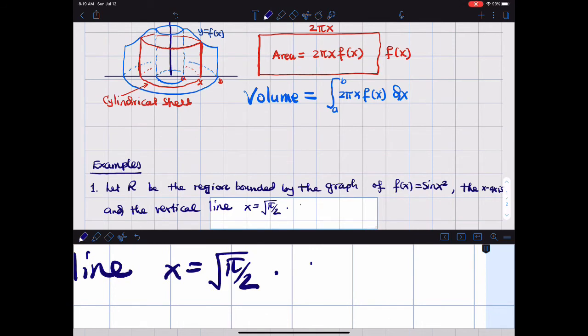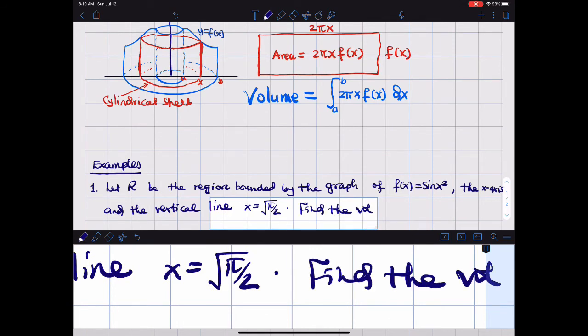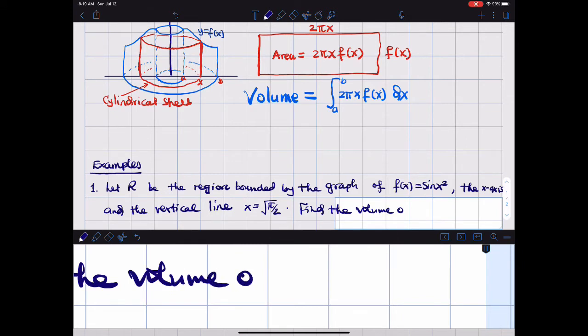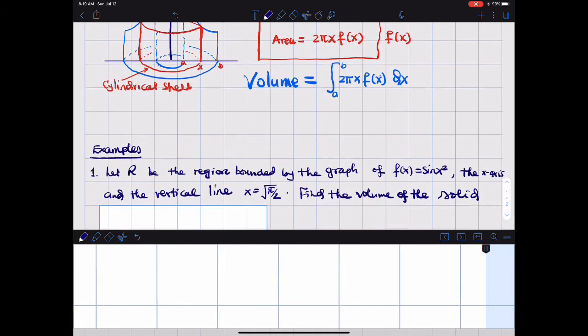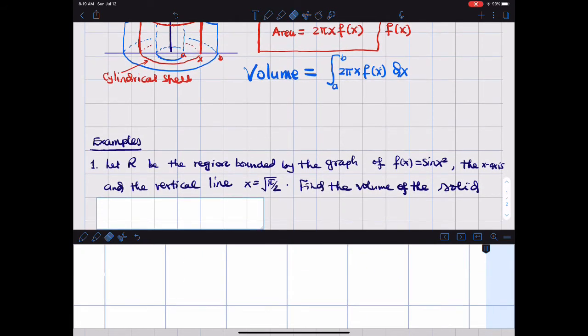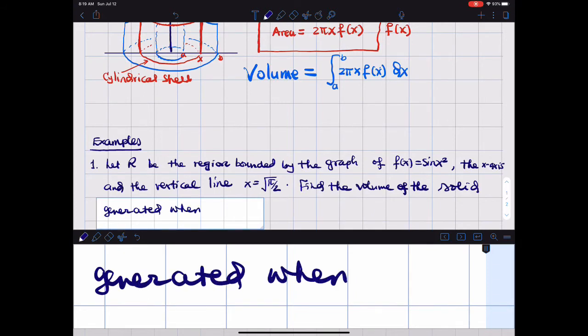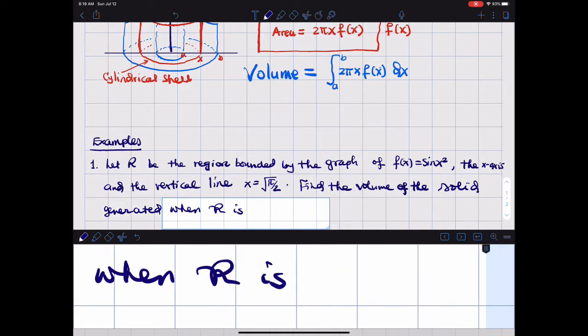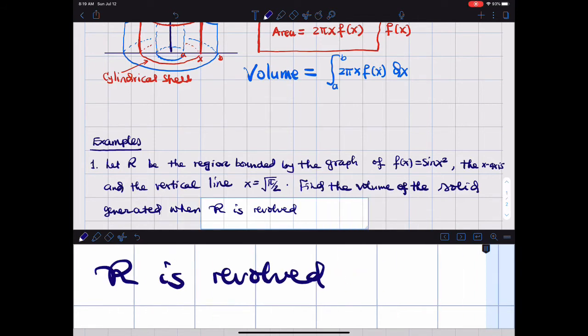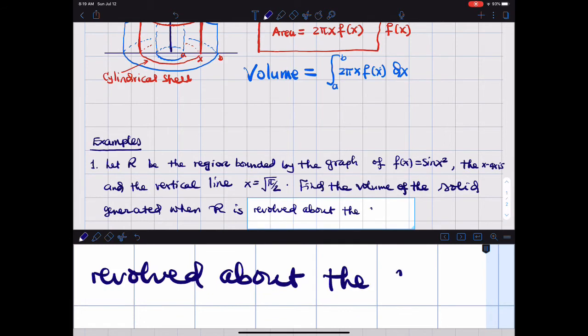Now, the question is to find the volume of the solid generated when R is revolved about the y-axis.